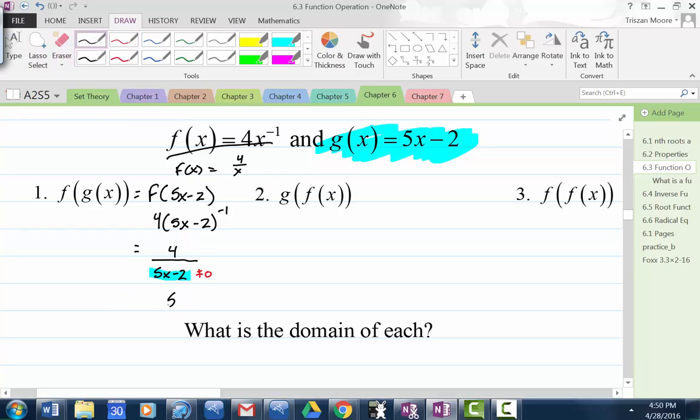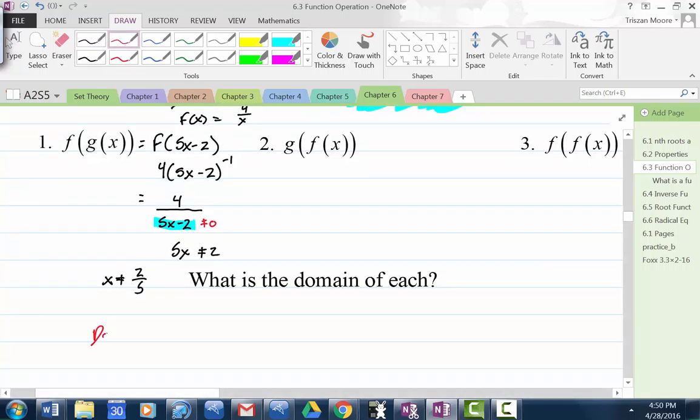So let's do it this way. We know that 5x cannot equal 2, all I did was add 2 on both sides. So this is pretty much telling me that x cannot equal 2/5.